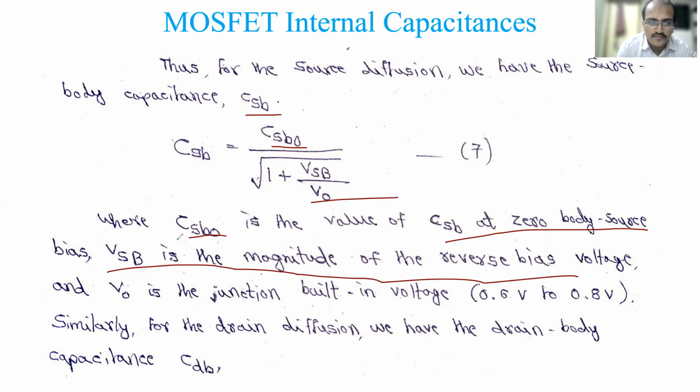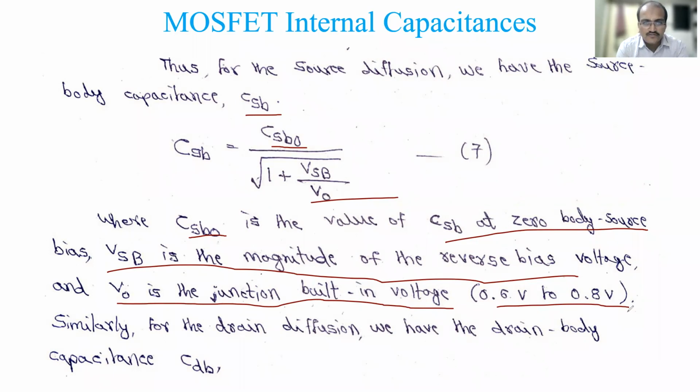Because it is source to body, VSB is written in capitals. V naught is the junction built-in voltage, that is, the reverse bias PN junction built-in voltage. It is normally in the range 0.6 to 0.8 volt. Even in a problem, when they give this value, it will be given in this range only, 0.6 to 0.8 volt for a diode, the built-in voltage.